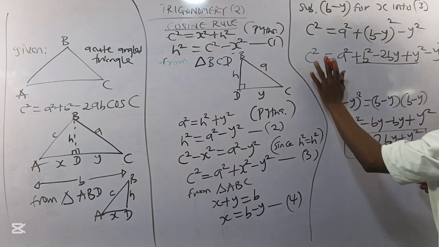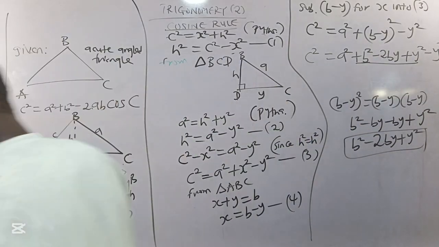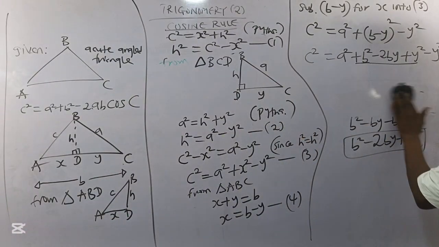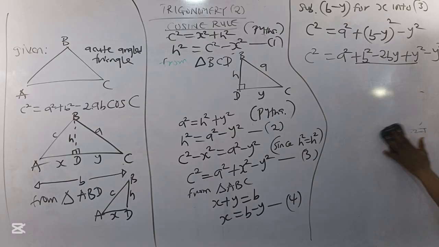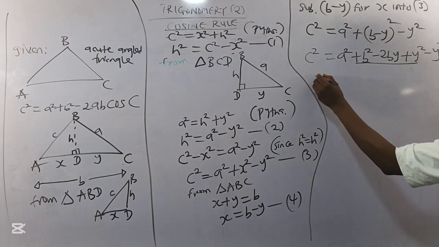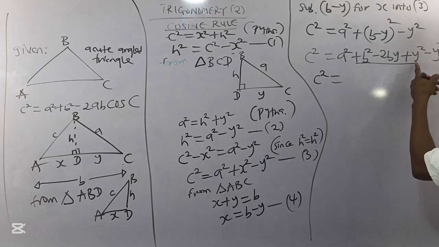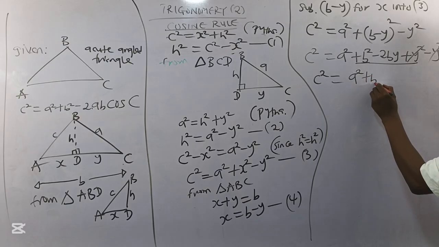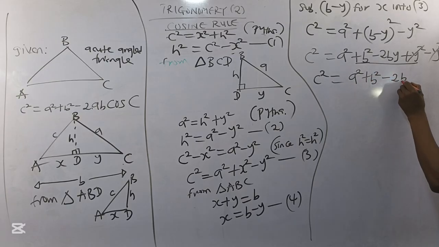Remember, so I can wipe this. So I have C square to be equal to plus Y square minus Y square. We cancel out to give me 0. So I therefore have A square plus B square minus 2BY.